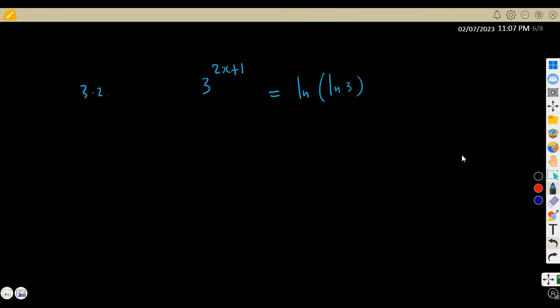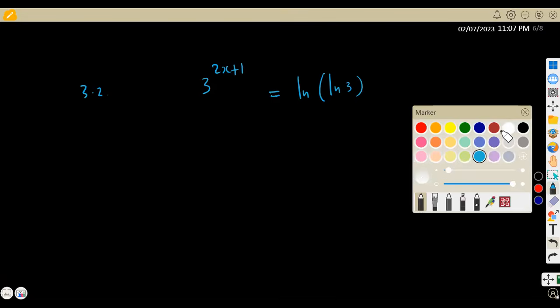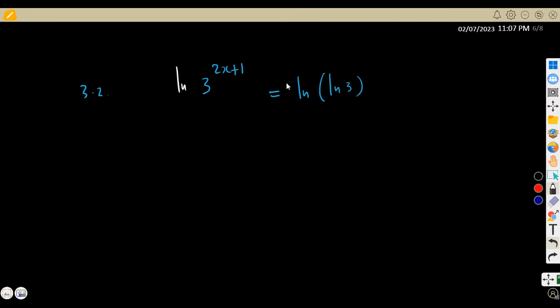Okay, so we know that if we are solving this equation, we are supposed to introduce ln into the equation. So the moment you introduce ln, this ln is for solving for this exponent that we have, 3 to the exponent of 2x plus 1. So from our laws of logarithms, we can drop the exponent down. That's 2x plus 1 times ln of 3, which is equivalent.